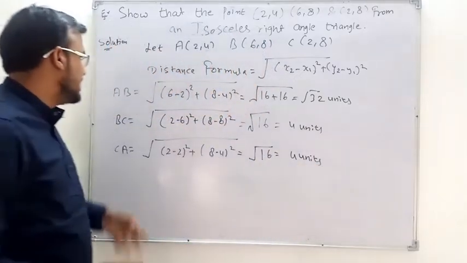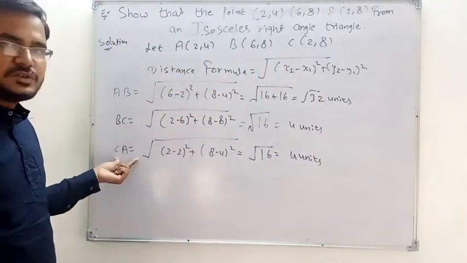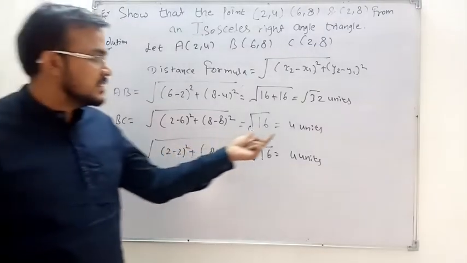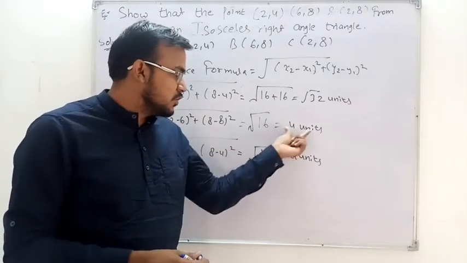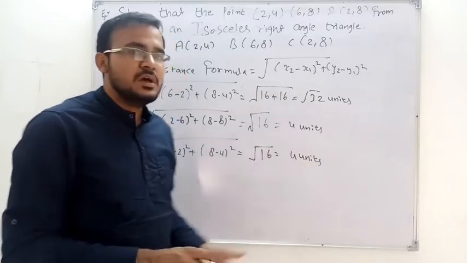So we can see that sides BC and CA are equal. We can also see that when we add the squares of 4 and 4, that is 16 plus 16, it is equal to 32, the square of AB.